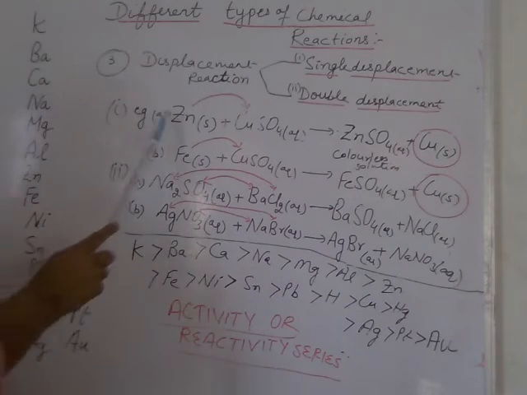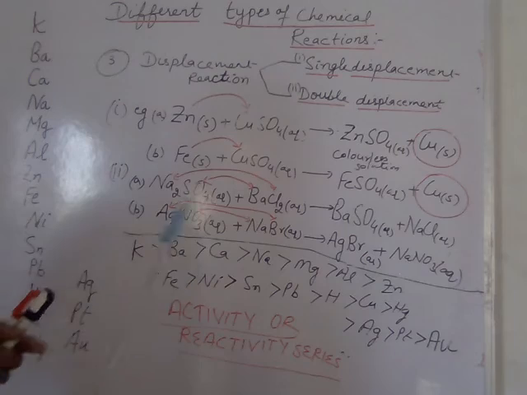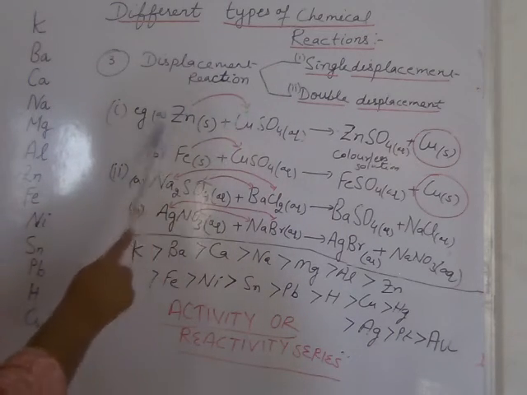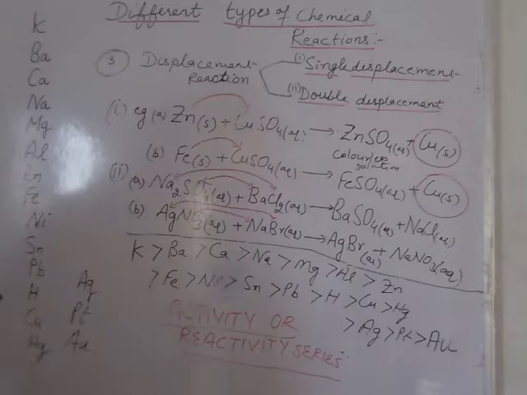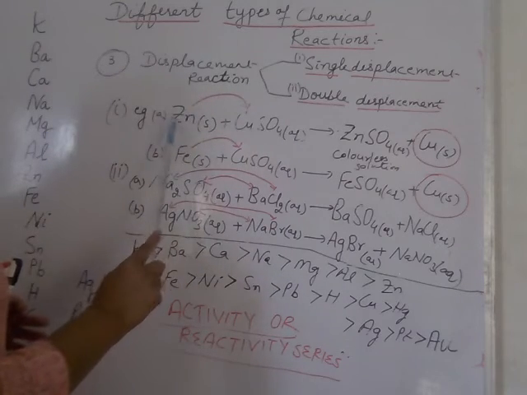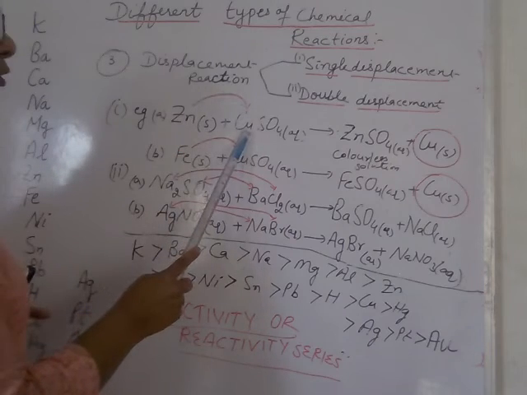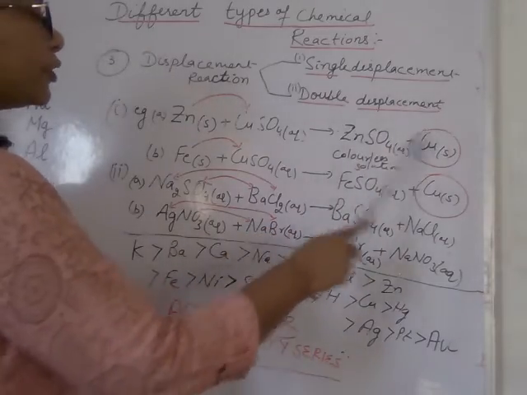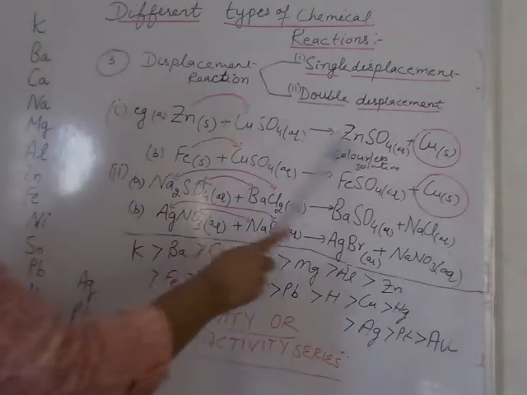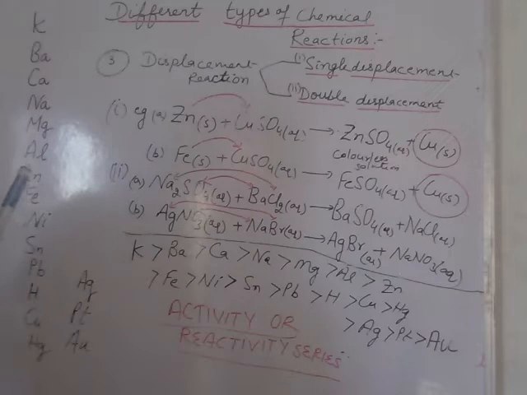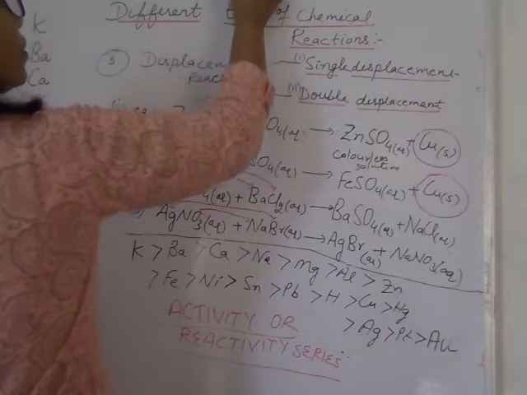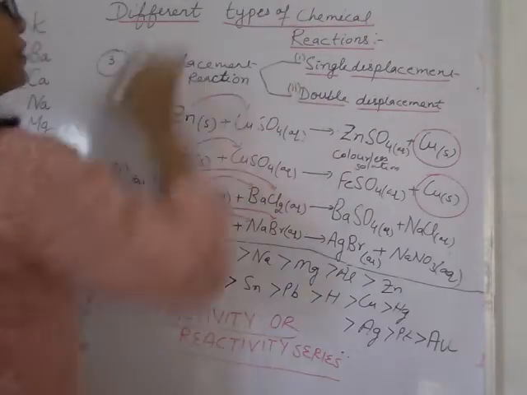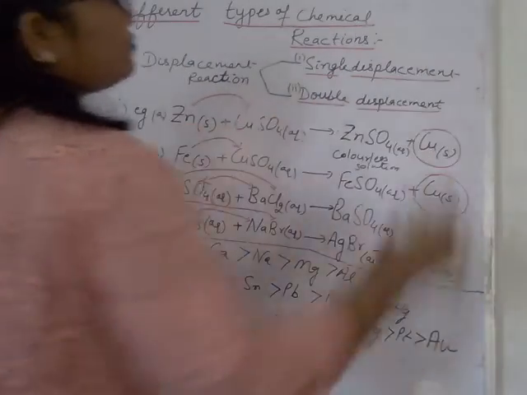Students, the question can come like this also, that can we store copper sulfate solution in a zinc vessel? No. Why? Because both will react. Because zinc being more reactive will displace the copper from its salt solution. So we will get zinc sulfate and copper, not copper sulfate and zinc. So we cannot store these. But if we store zinc sulfate solution in copper vessel, then no reaction will take place.